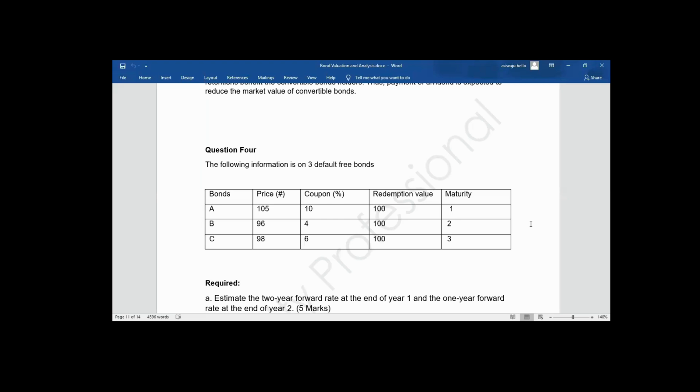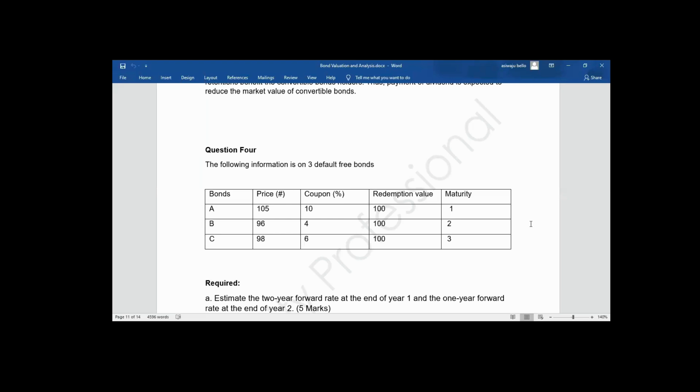If you recall the valuation of a bond, we said the value of a bond is calculated as the present value of the expected future cash flows.